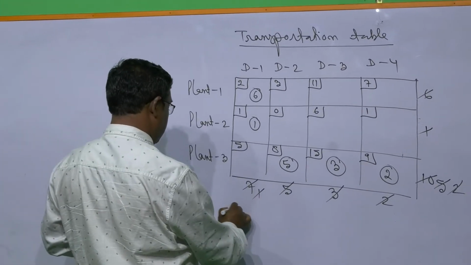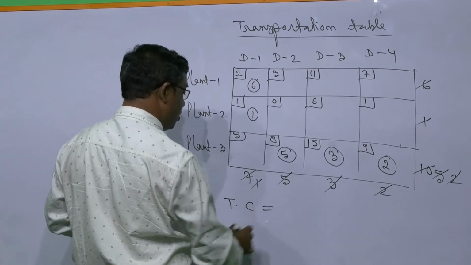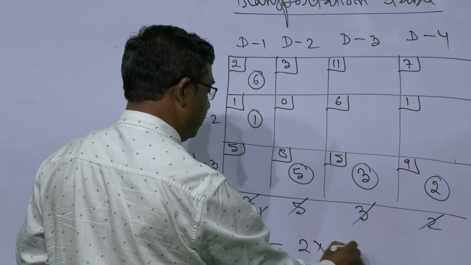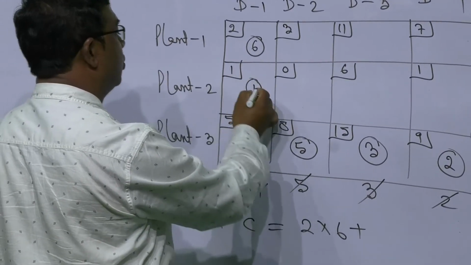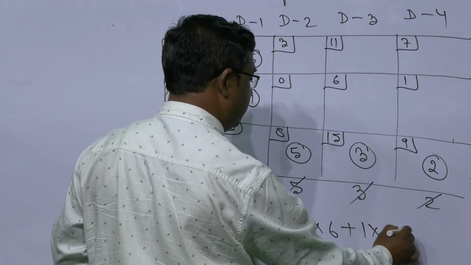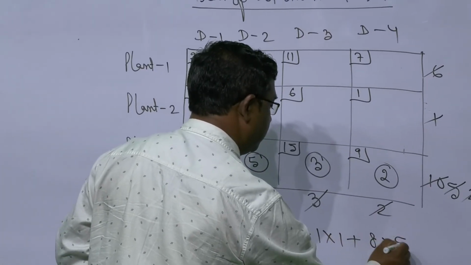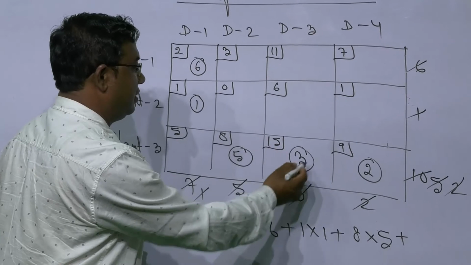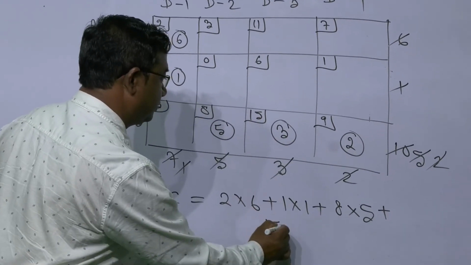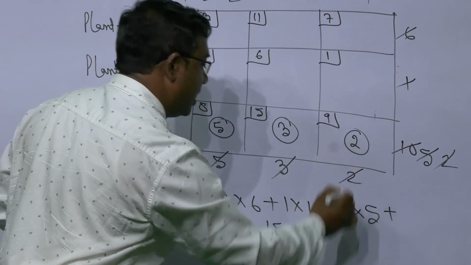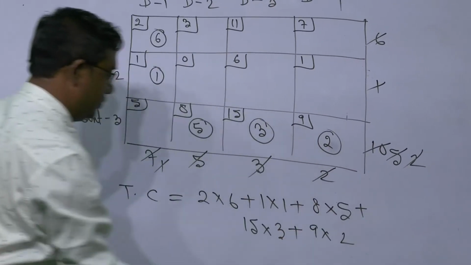So now you calculate the transportation cost. 2 into 6, plus 1 into 1, plus 8 into 5, plus 15 into 3, plus 9 into 2.